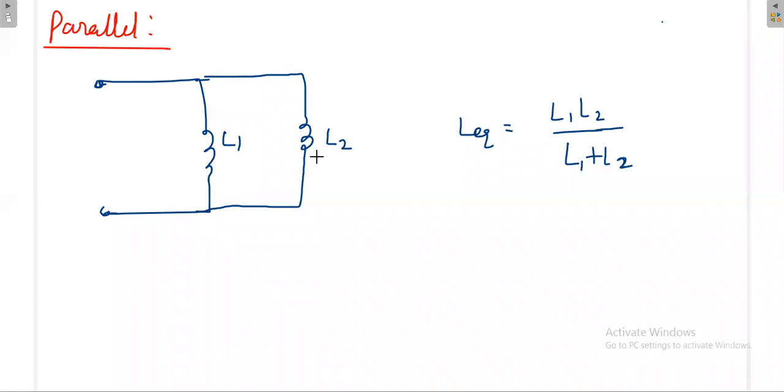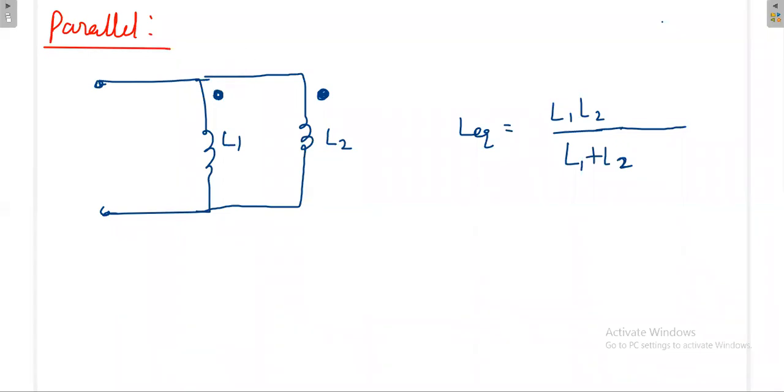Again, because of the mutual inductance, this formula will be modified. How is it getting modified? First, suppose for example here a dot is there, here also a dot is there. Again, follow that notation. Here also like entering, here also like entering. Both are at the entering terminal.